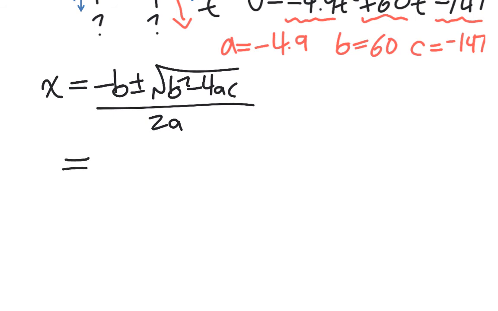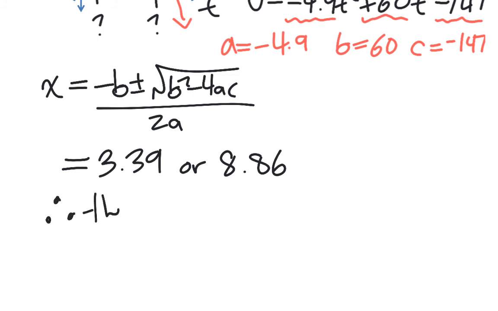And you should get a value of 3.39 or 8.86. Since these are both positive values, that means we can use both of them. They have a meaning in real life. Let's do a quick therefore statement.